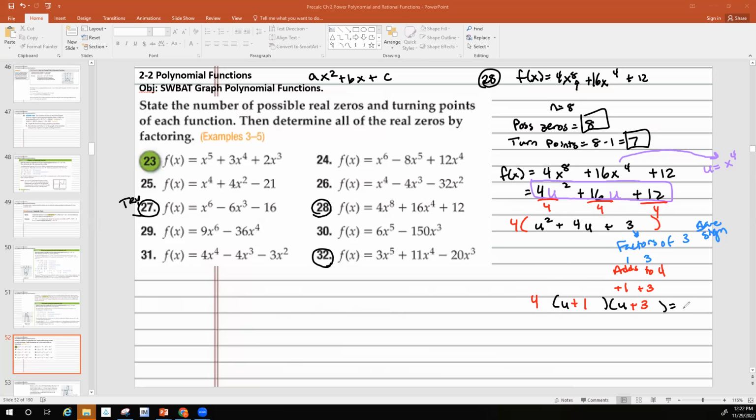And then set it equal to 0. You have 4 equals 0, u plus 1 equals 0, and u plus 3 equals 0. All right. Now, if you want to switch out that u with the x to the fourth now, you can. Okay, this one doesn't work out. So here we have x to the fourth, x to the fourth.